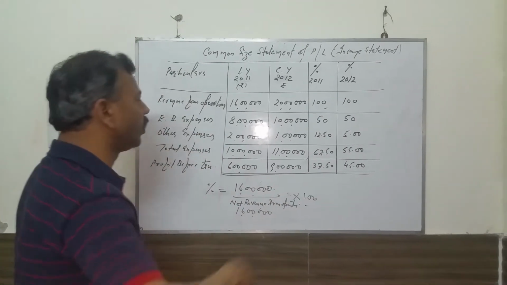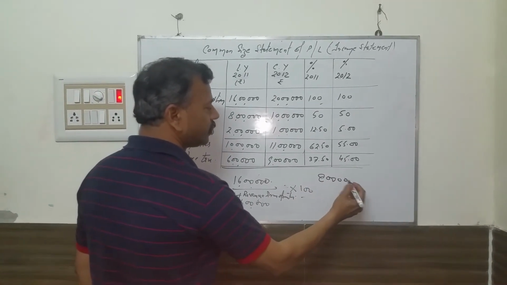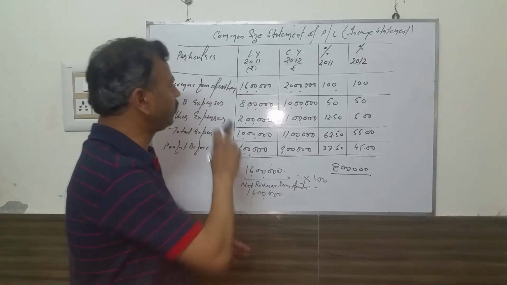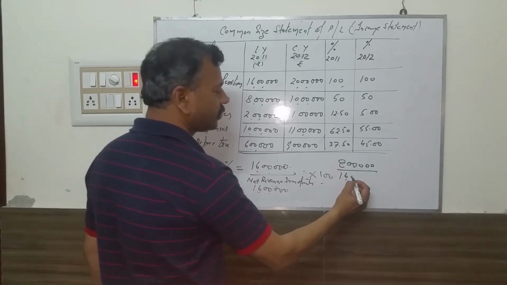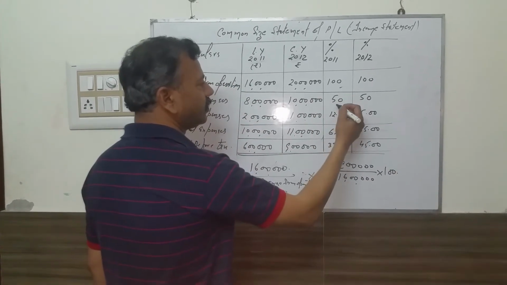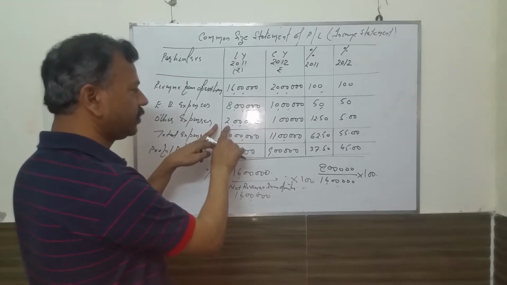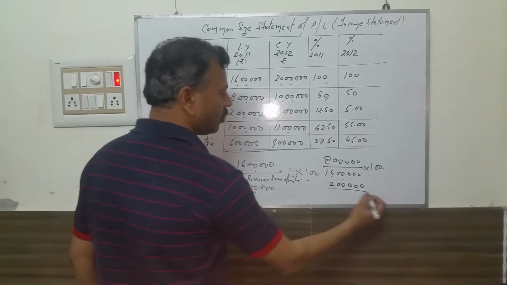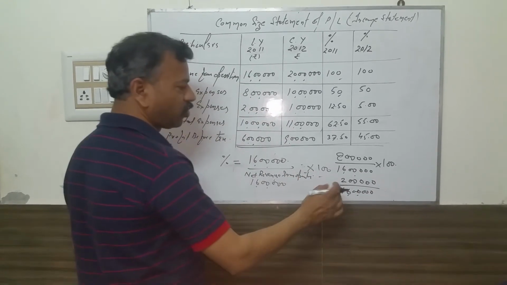Then if you want to calculate the percentage for 8 lakh, 8 lakh divided by, again you will take net revenue from operation, again this is 16 lakh. You will get 50%. Now you want to calculate the percentage for 2 lakh. So 2 lakh upon, again, the amount of revenue from operation.